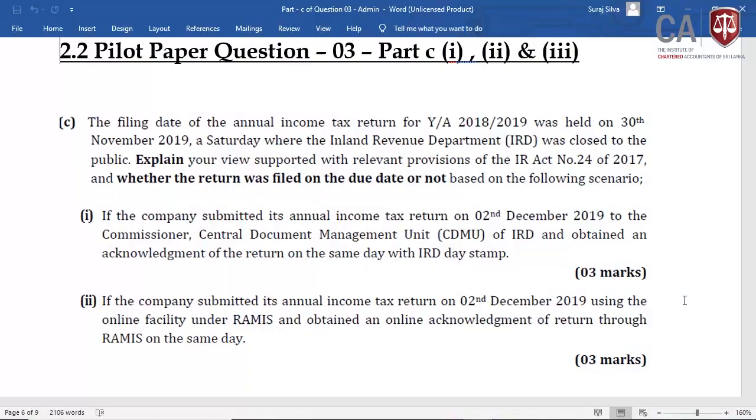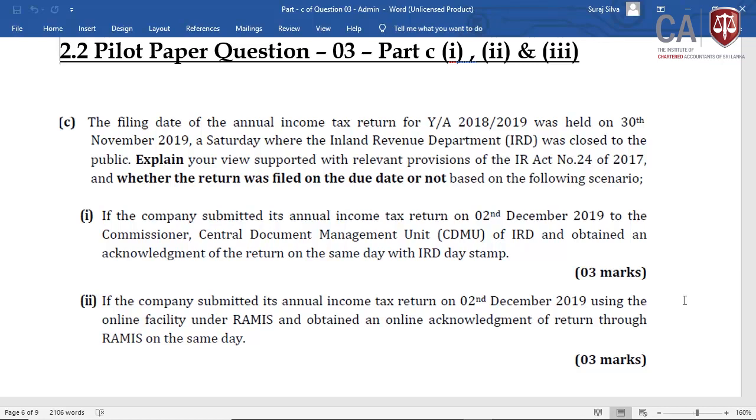Before the question he has given the information relevant to the scenario. The filing date of the annual income tax return for the year of assessment 2018/19. You shall file the annual income tax return, which is your self-assessment tax return, within 8 months after the end of the year of assessment.